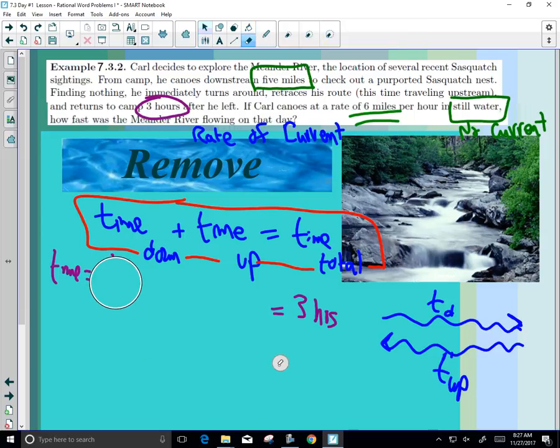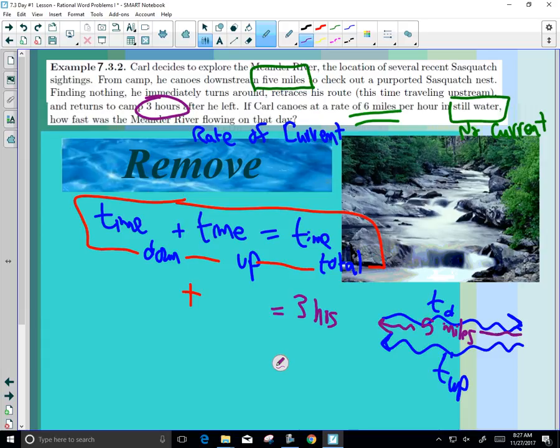So if time is distance over rate, the time down, how far downstream did they go? What's the distance in miles in this problem? It says it. 5 miles. Yeah. Thank you. So going downstream, it's 5 miles.